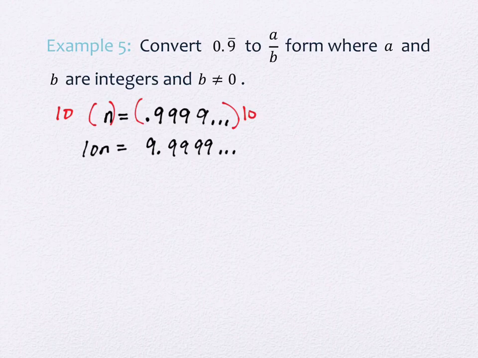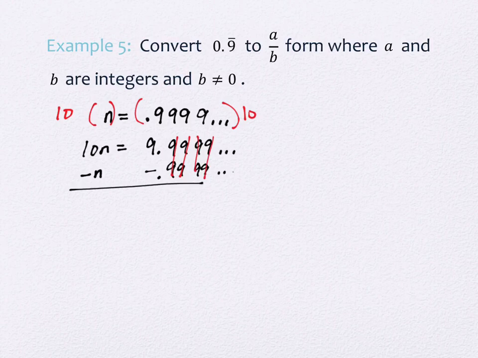What's my next step? Subtract n. So on the left, it's minus n. On the right, it's minus the 0.9 repeating that we started with. Whoops, let me get it lined up. Okay, so as we did before, these 9s are all going to go away.